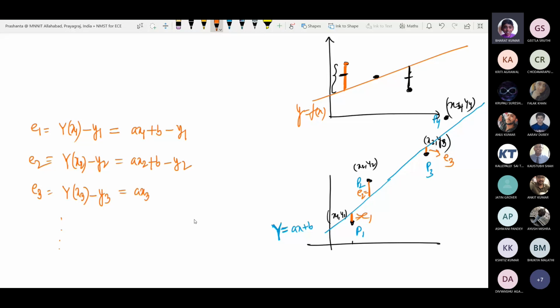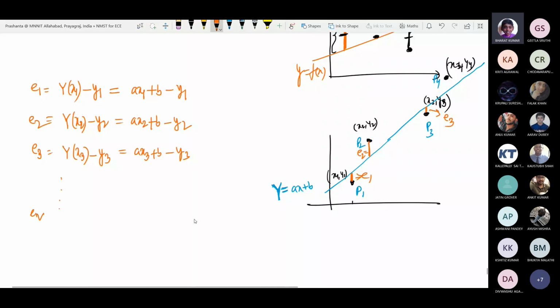This will be a x3 plus b minus y3, and so on, depending on the number of data. So if there are n data points, what will be En? Y of xn minus yn. So that will be a xn plus b minus yn. Is it okay?